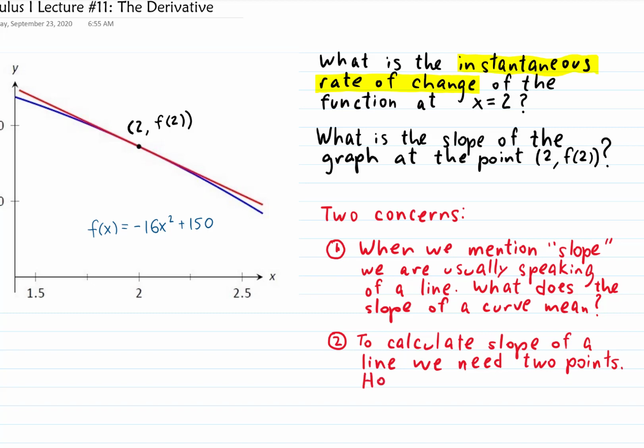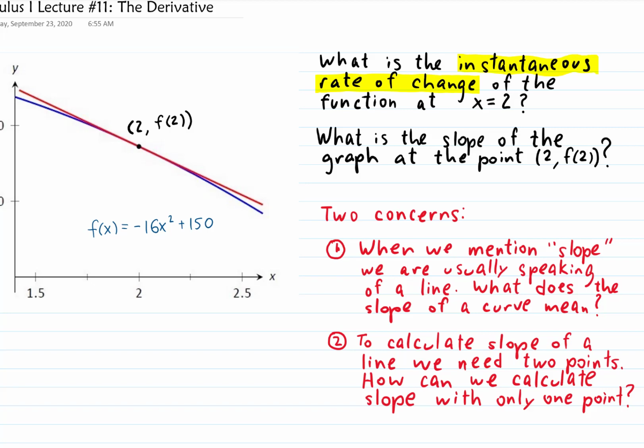How can we calculate slope with only 1 point? Okay, so I'm going to address those two concerns.